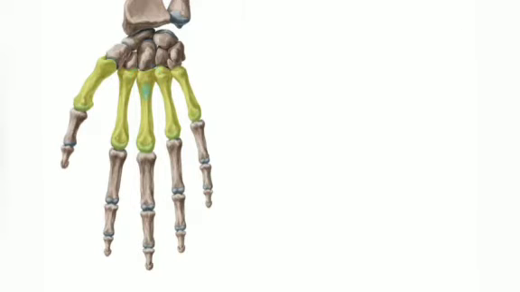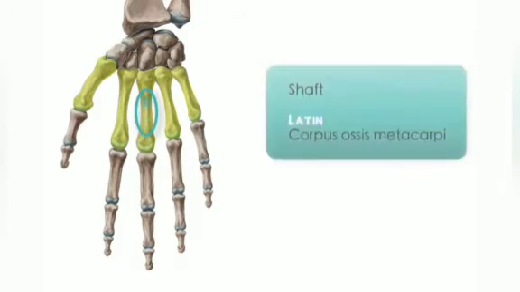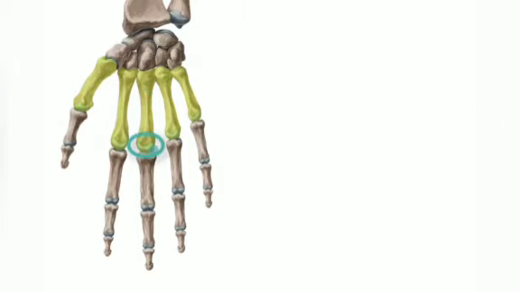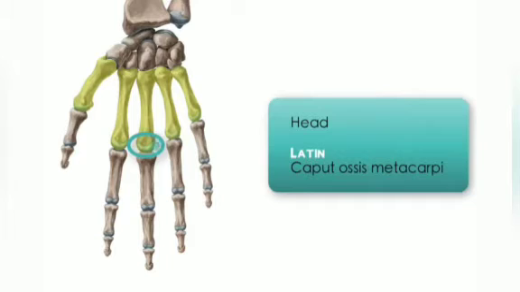The middle portion of the metacarpal is known as the shaft, because the metacarpals are like long bones. They're not as long as, say, the humerus or the femur, but they're still long bones, and you can clearly see a body or a shaft for this bone. On the tip, you're going to see the head of the metacarpals.